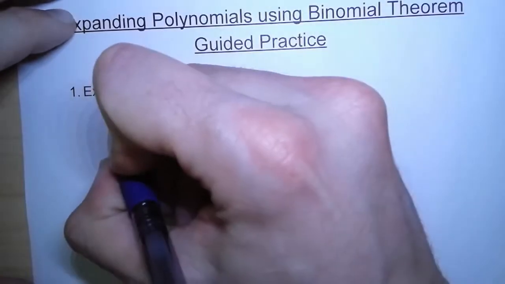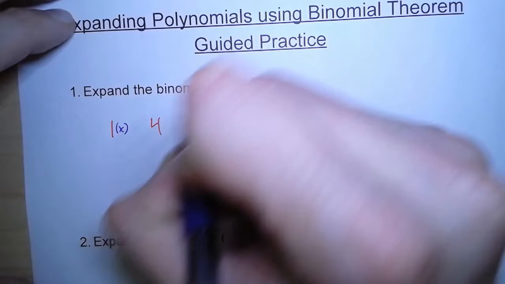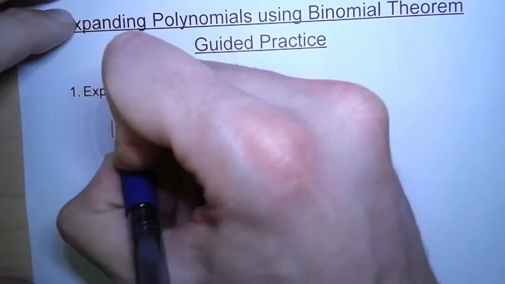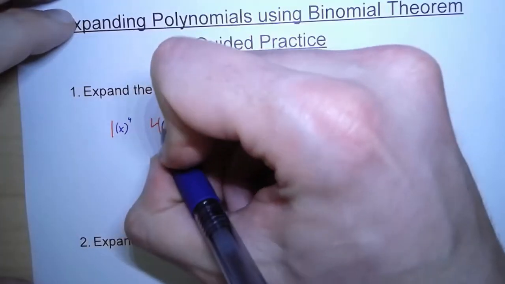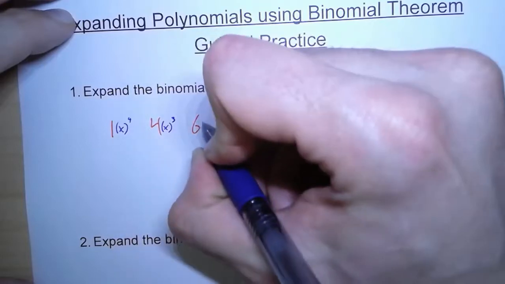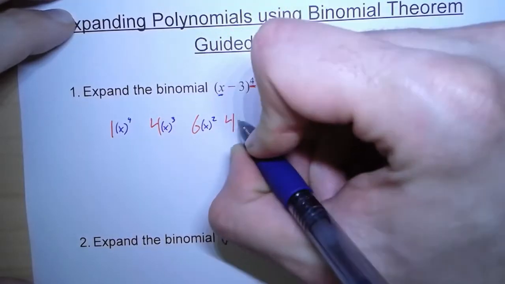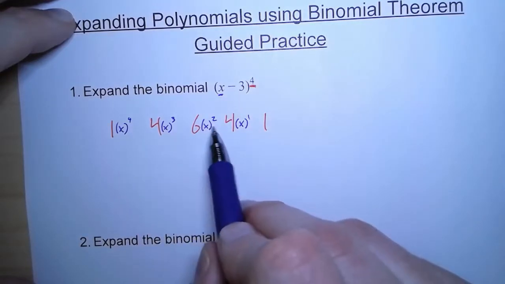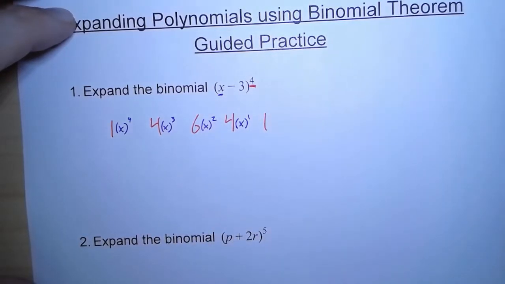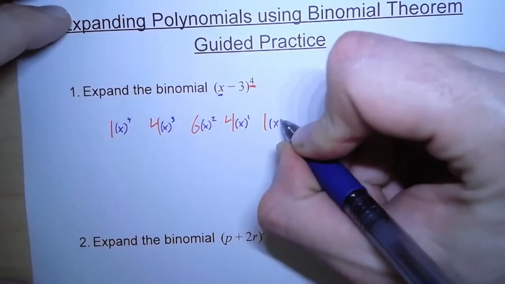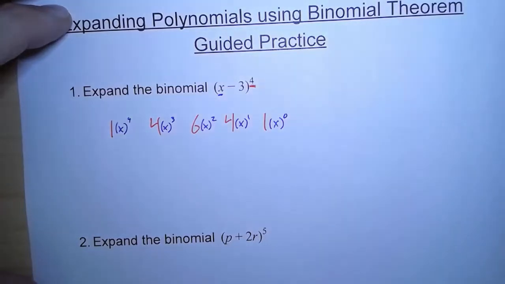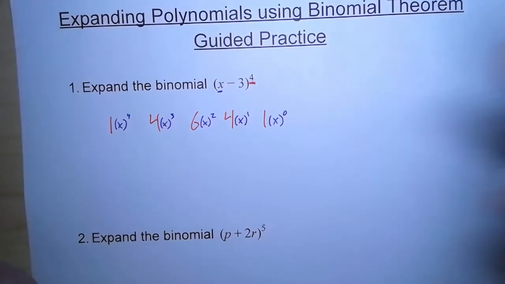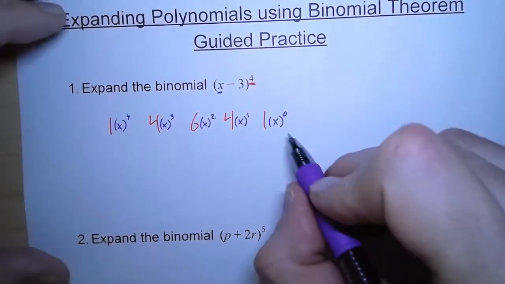Now, what we do next is we start with this quantity, x, to the fourth power. And then the powers on that are going to go down. So it becomes x to the fourth, x to the third, x squared, and x to the first. On the last term, it doesn't have an x because that would have been x to the 0 power. Oftentimes you won't see people write that. I'll just write it for the first example, and then after that, we won't need it.